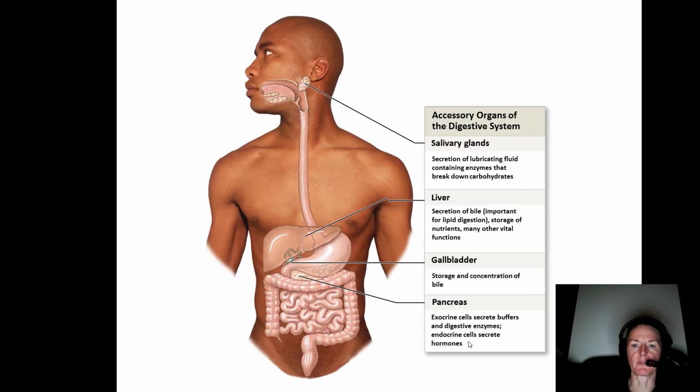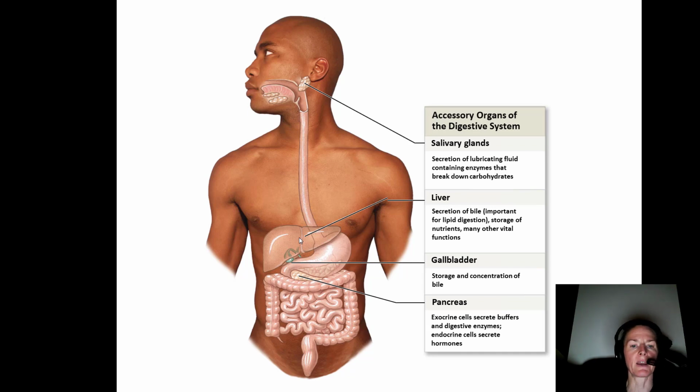All right, so let's look over here at some of our accessory organs. Once again, we have our salivary glands. That's going to start the breakdown of carbohydrates and lipids within the oral cavity. We have our liver, which is going to secrete bile, but it's also going to be a storehouse of nutrients, minerals, these kinds of things. And so all of the nutrients that we're going to absorb in the small intestine will go via the hepatic portal vein into the liver, where the liver is going to sort what we need right now.